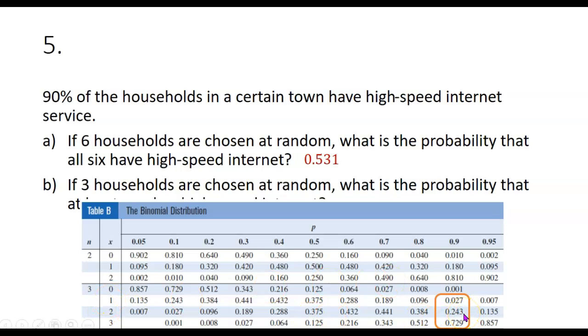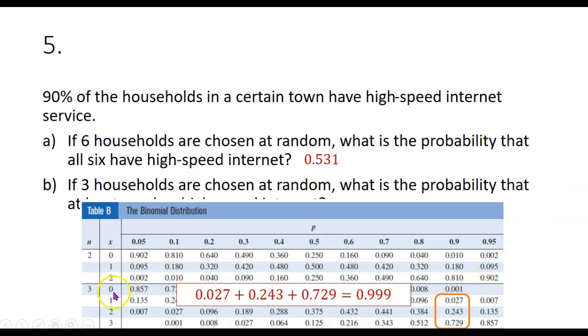Plus the 0.243 for the probability that it's 2 out of 3. Plus the 0.729 for the probability that it's 3 out of 3. So the probability that it's at least 1, that is either 1 or 2 or 3, if we add those together, they add up to 0.999.